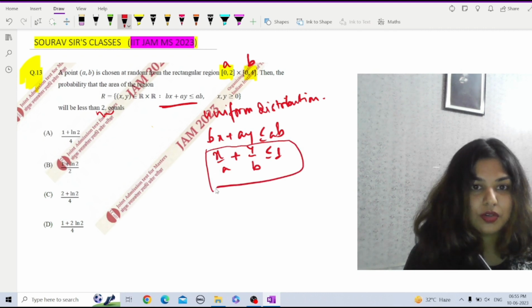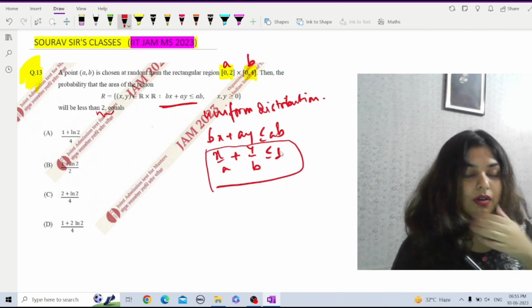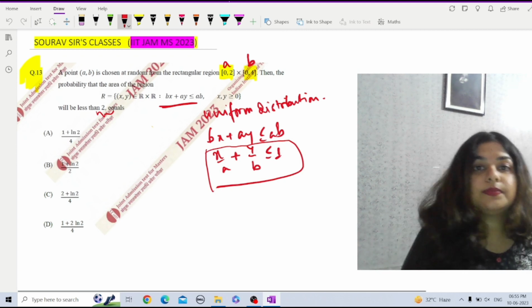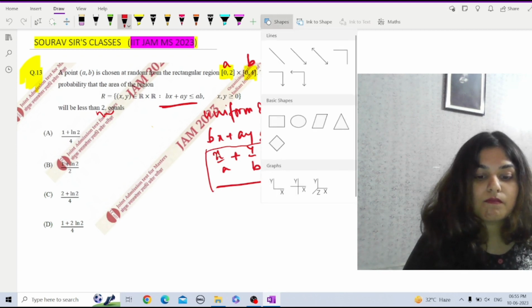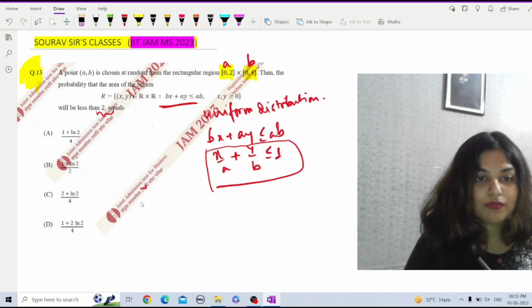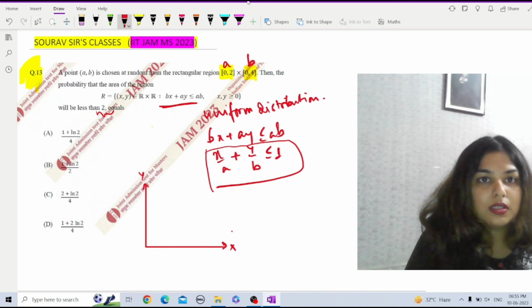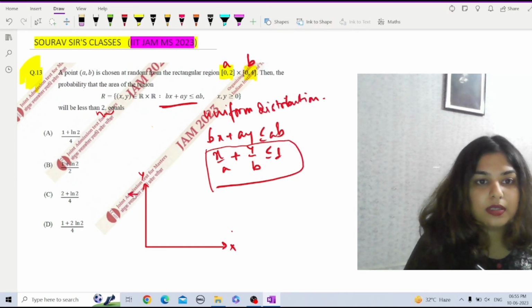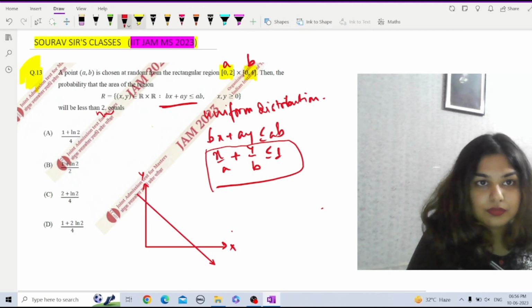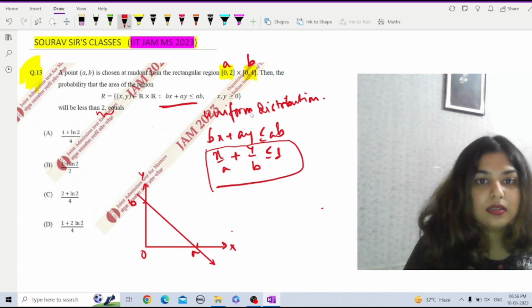So now we know the coordinates here. If we want to draw the curve, how am I going to draw it? Let's say x and y. Now, bounded by a and b, so this is OA, OB, and this will be less than or equal to 2.